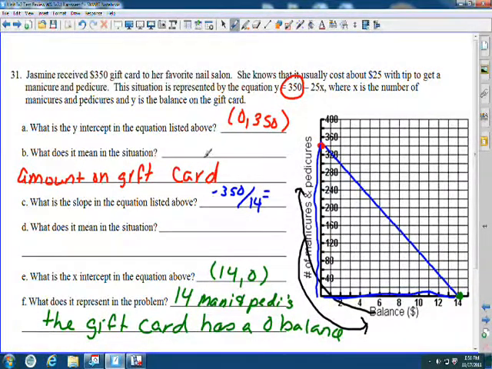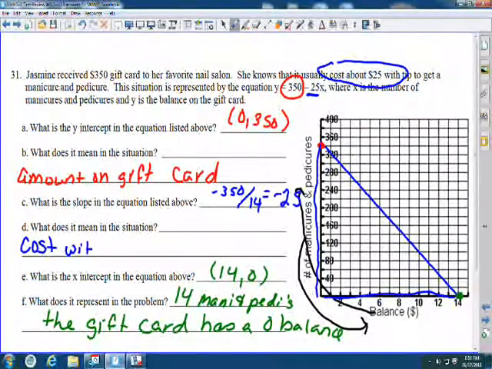Silly me. That's right here on the problem. It's negative 25. Well, what is that? It says it is the cost with tip. So basically the cost per mani and pedi.